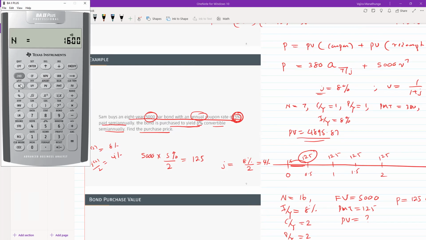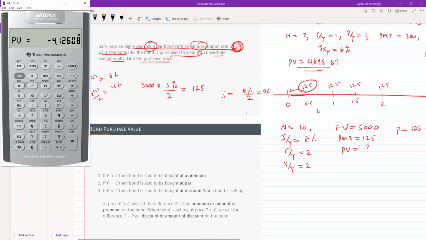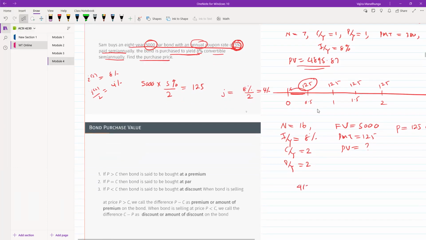So 16 for N, 8 for I/Y, second, this one is 2. Compounding per year also 2. Then second, quit. And then 5,000 for future value, and payment is 125. And then I compute present value: 4,126.08. That's the price.